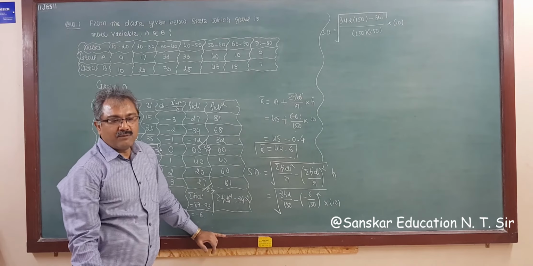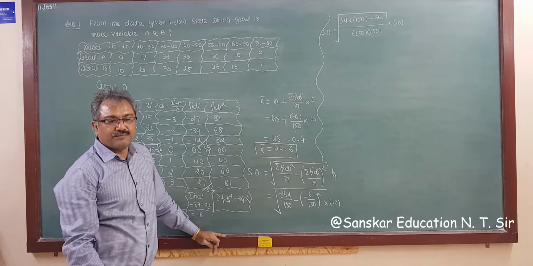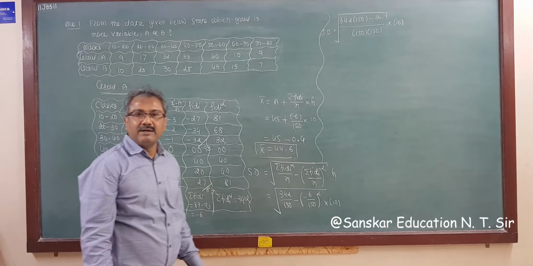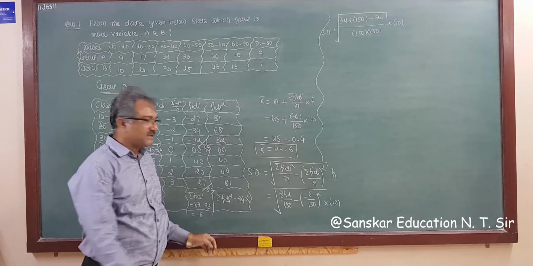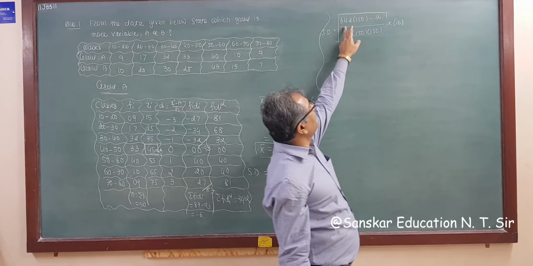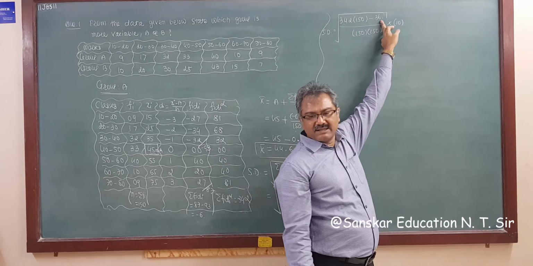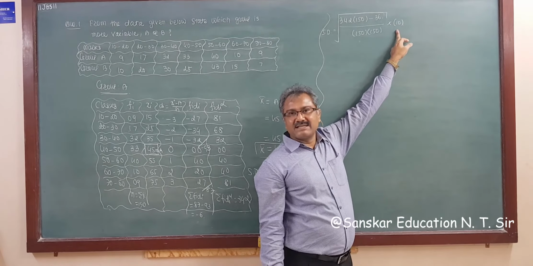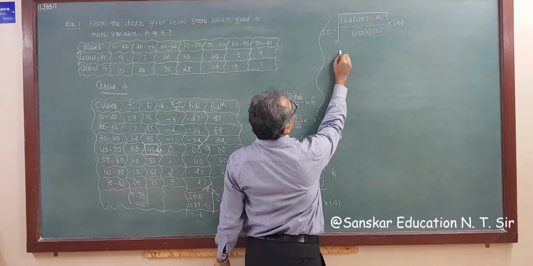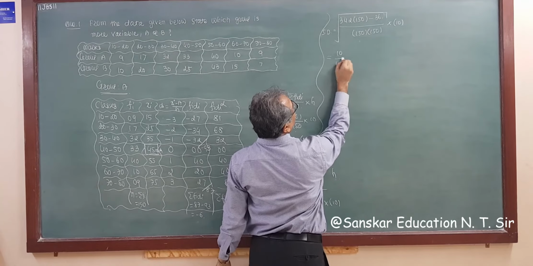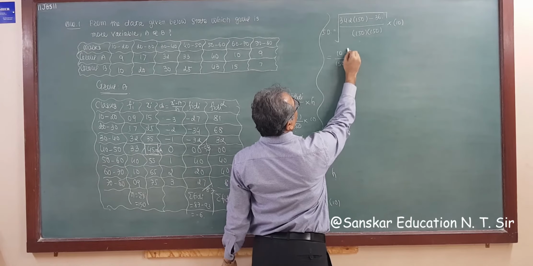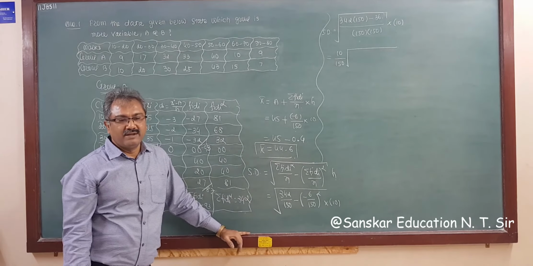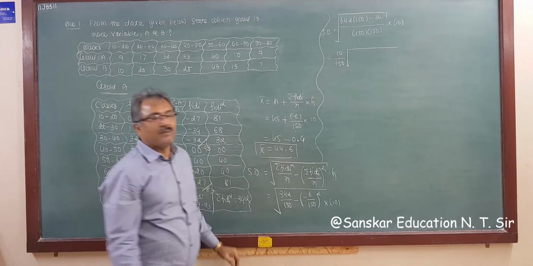So now what to do? Simplify this. Finally you will get the standard deviation: multiply, minus 36, upon 150. This 10 is as it is. So 10 upon 150 whole square is 150, so this is 150 into square root of 342 into 150, that is 51300.